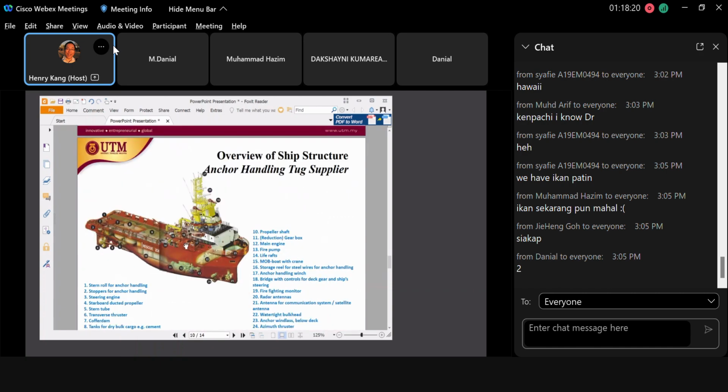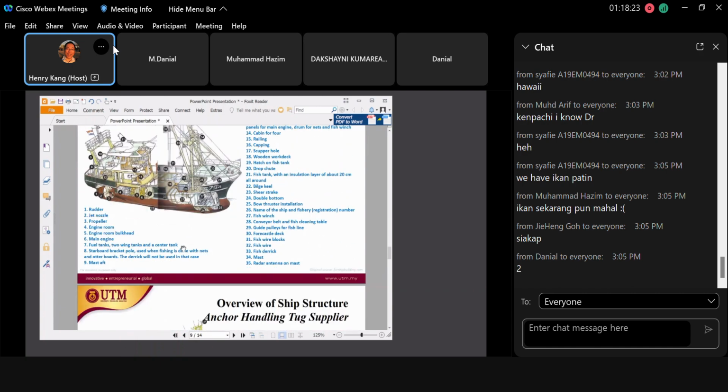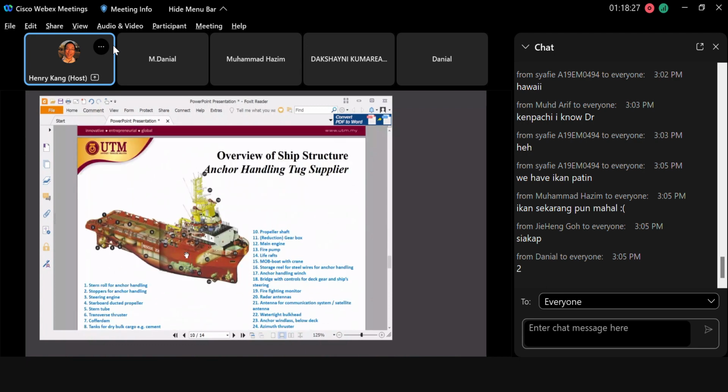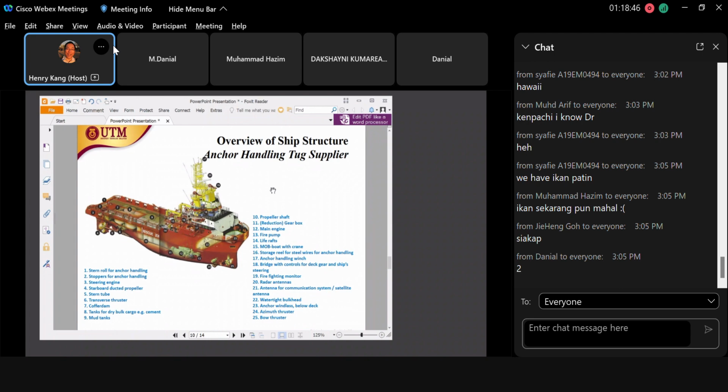Besides the fishing boats, for the big ships, we also have some very specific, unique ships in our maritime industry. This is the so-called anchor handling tug supply. Normally this is a special ship. Besides anchor handling, they also have firefighting ships.